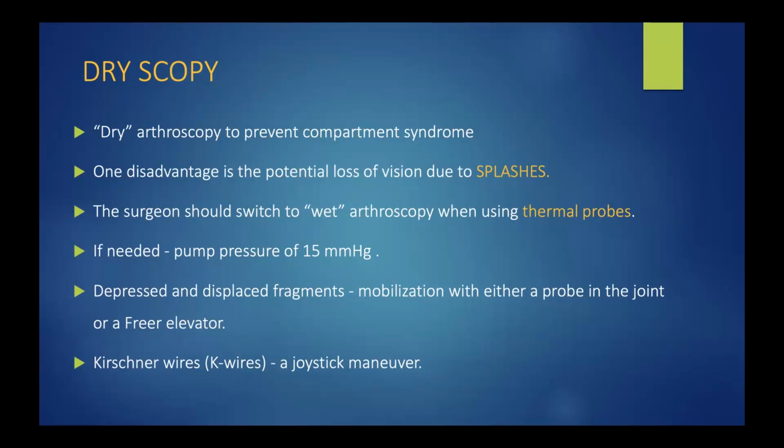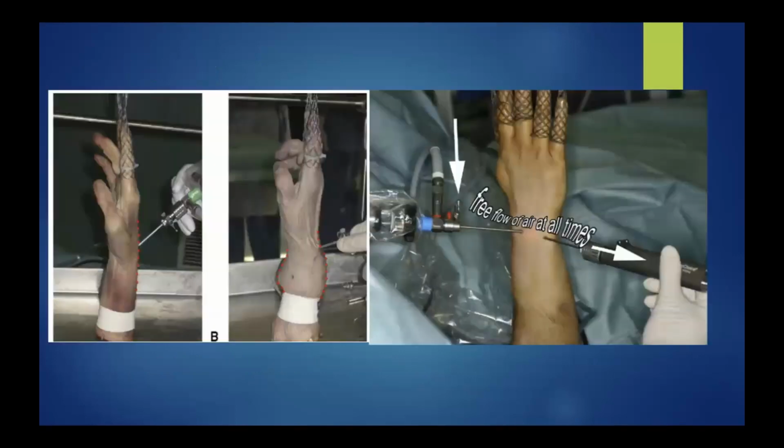And the depressed fragments are mobilized with either a probe in the joint or a Freer elevator. And again, K wires can be used as a joystick. So this is to put some perspective of how dry scopy works. This is a cadaveric scopy, and this is after dry scopy, and this is after a wet scopy.